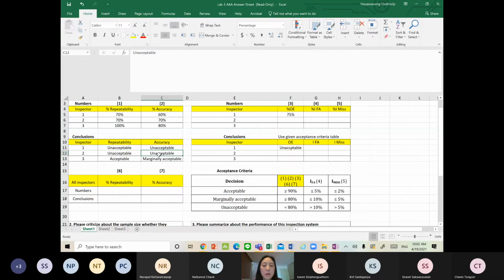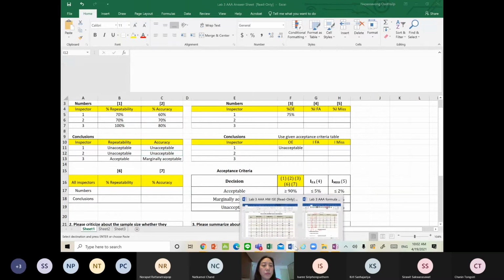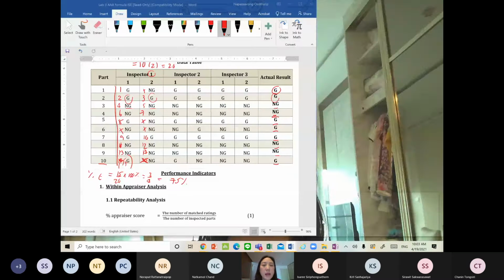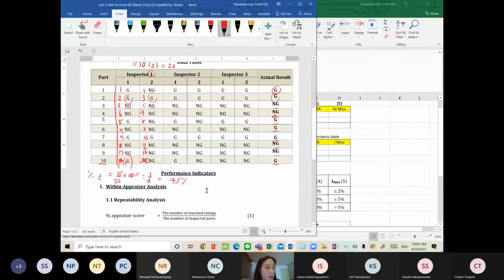Okay, so now let's practice by yourself for operator number 2 and 3. If you have any question, you can ask me if you do not follow what I was showing to you. Let's take 1 minute to do this by yourself.